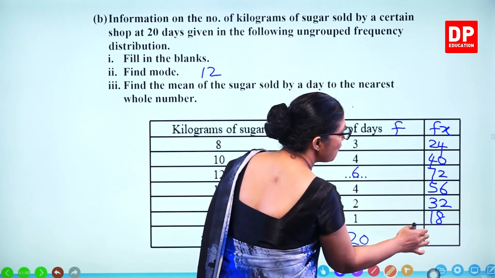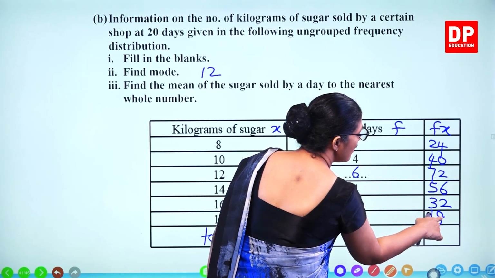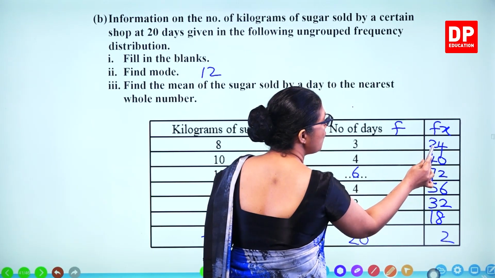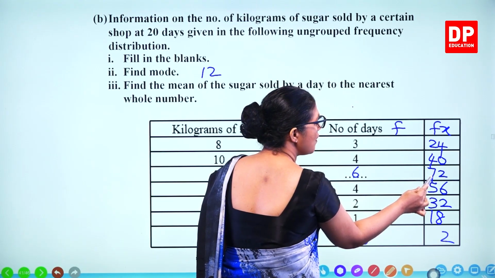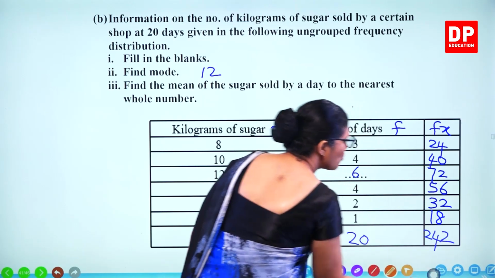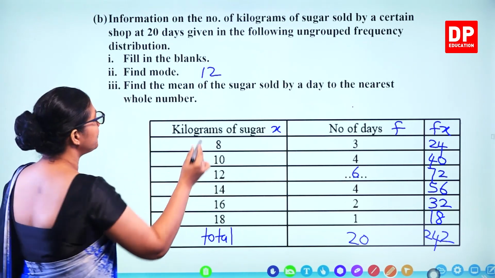So what's the total fx? Adding up, we get 242. So how do you find the mean value?